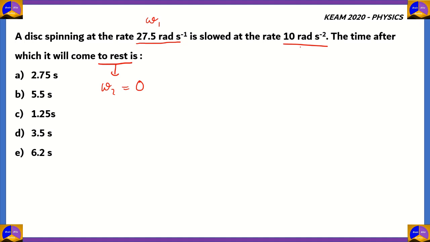We also know the acceleration is 10, but since it's slowed down at the rate of 10 radians per second squared, the acceleration is negative, so it's minus 10 radians per second squared. Now we need to find the time.